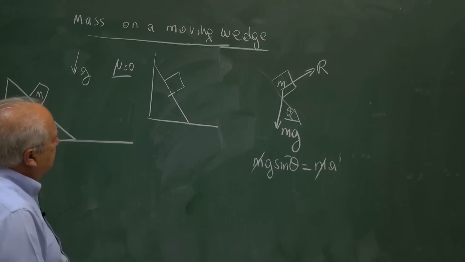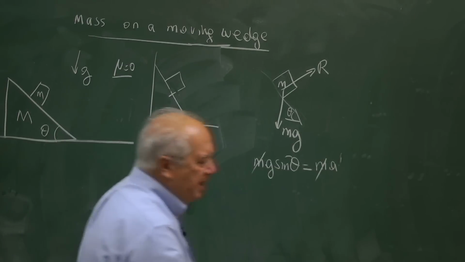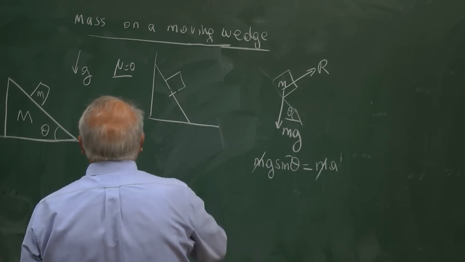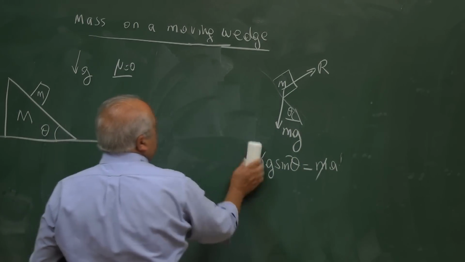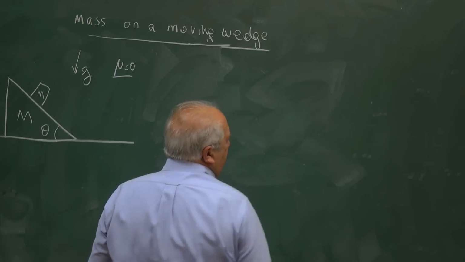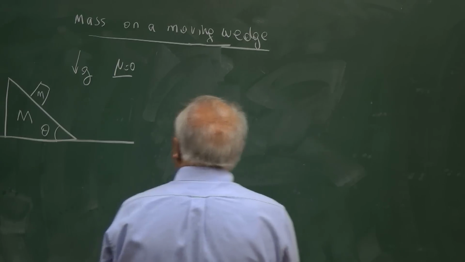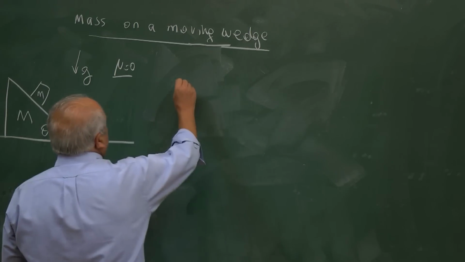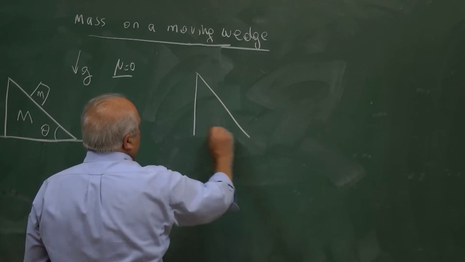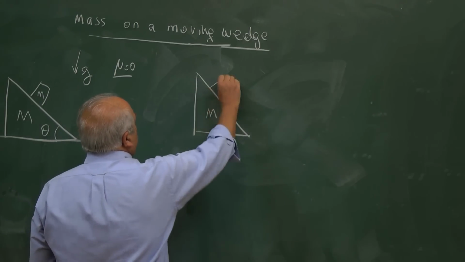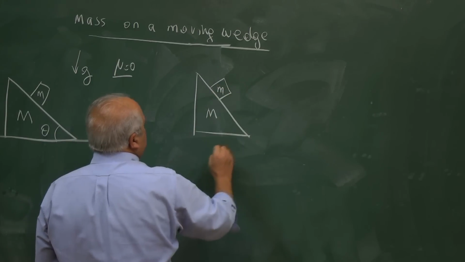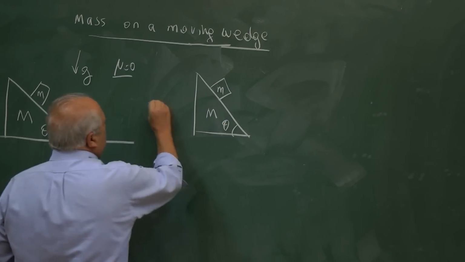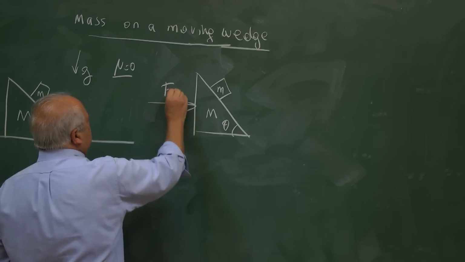So that's one warm-up. Another simple problem we can ask is this. Suppose I have a mass m on a wedge of mass M, with angle theta. I am applying a force F0.